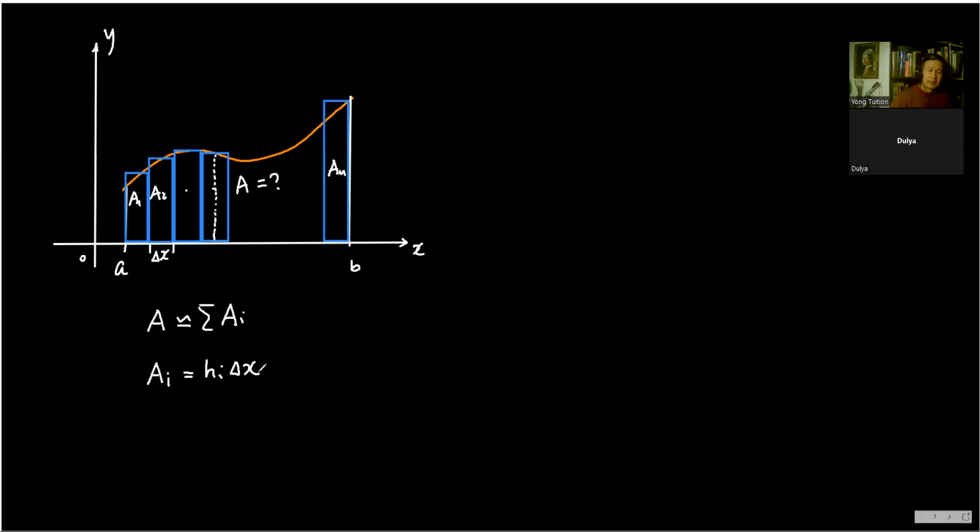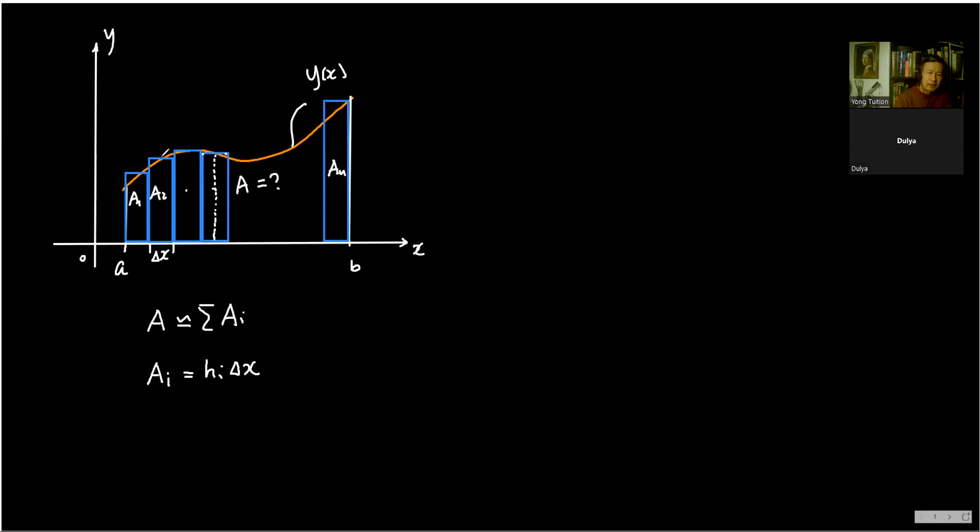Do you agree? And this height is also related to this function. If this is equal to y(x), you can just use this mean value.